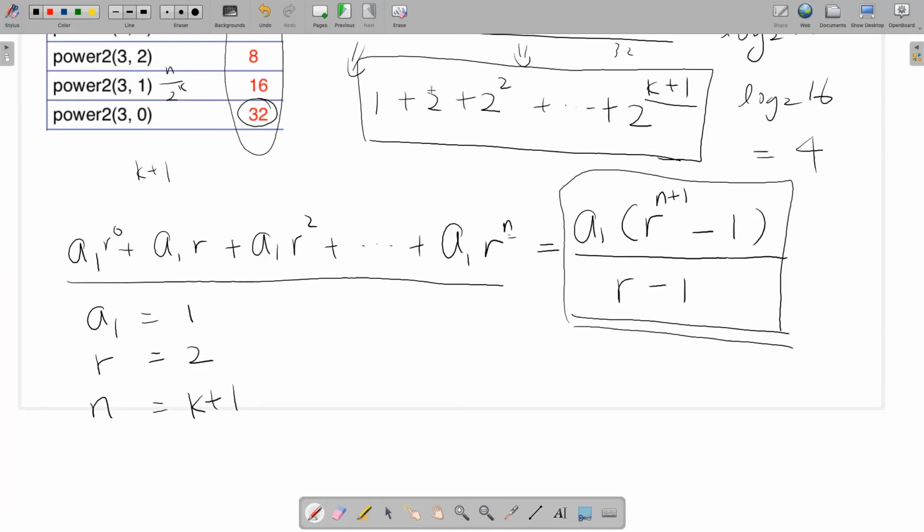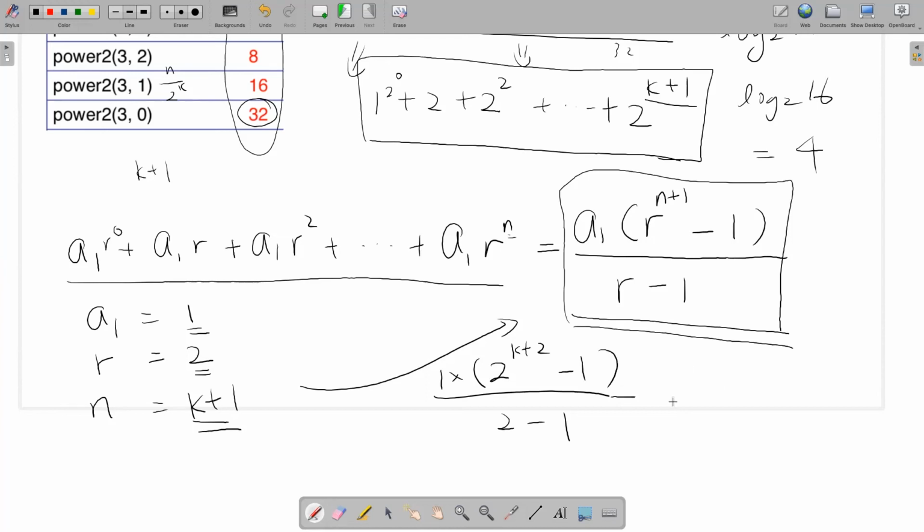This we also start from 0, right? 0, 1, 2, all the way until k plus 1. All right, so this is the n value. So with these 3 values, we can then insert that into the formula, right? So we have 2 minus 1. A1 is actually just 1. And then we have 2 to a power of n plus 1. N equals k plus 1, right? So you have a k plus 2 over here. And then minus 1.